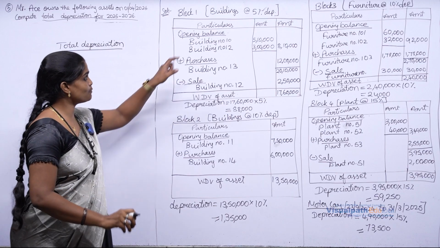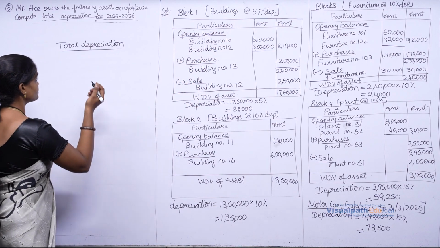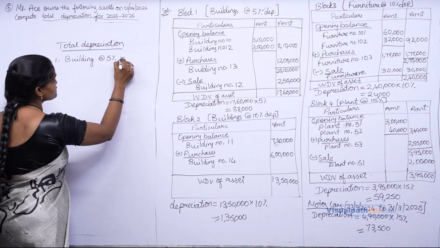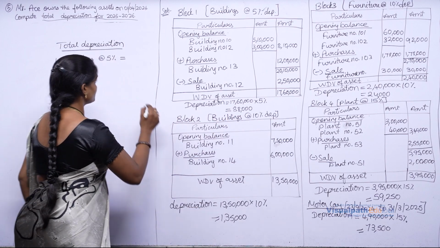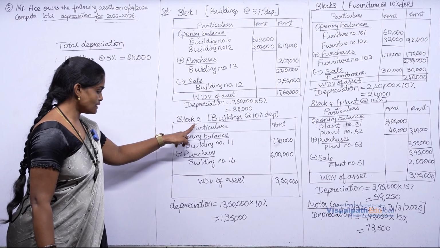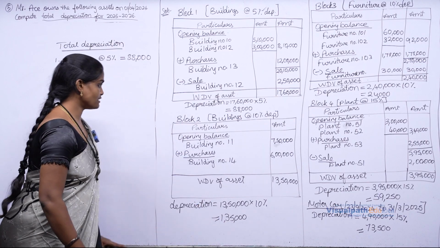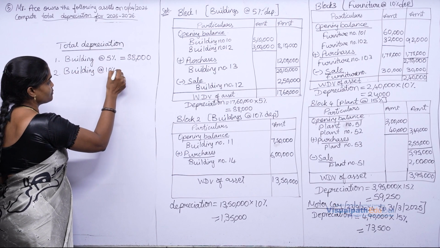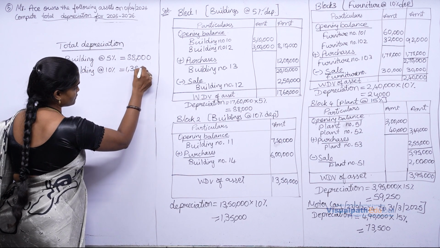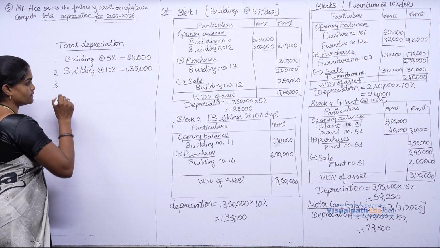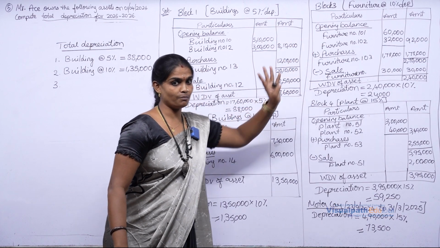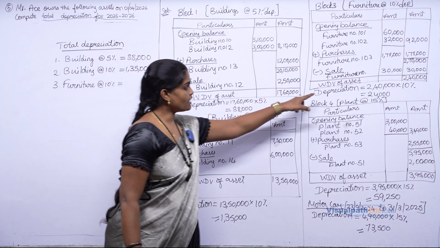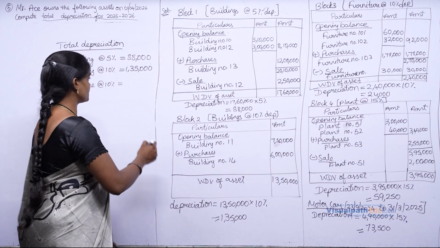Total depreciation. First block, building at 5%. How much is the value of depreciation here? 88,000. Then second block, depreciation is 1,35,000. Second block is also building at 10% depreciation. Next, third block you have furniture at 10% depreciation. The value of depreciation here is 24,000.